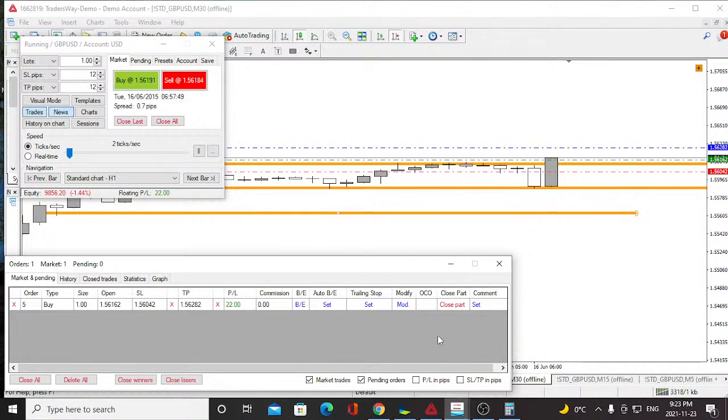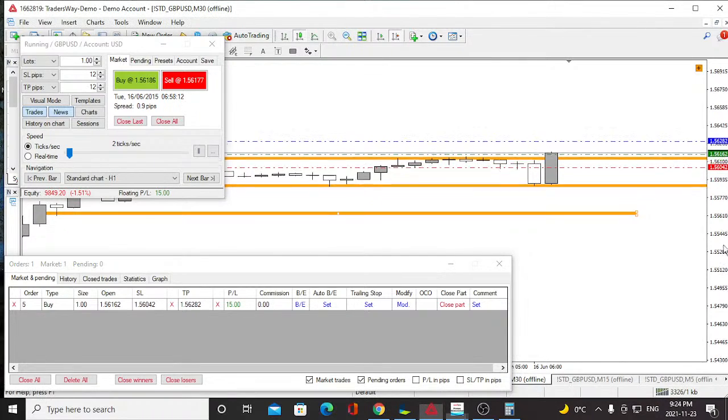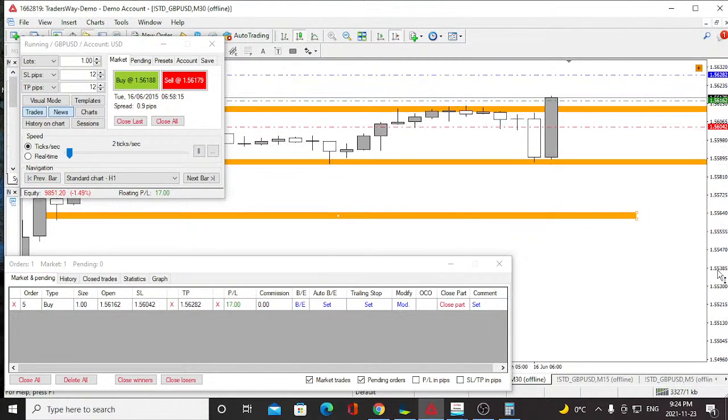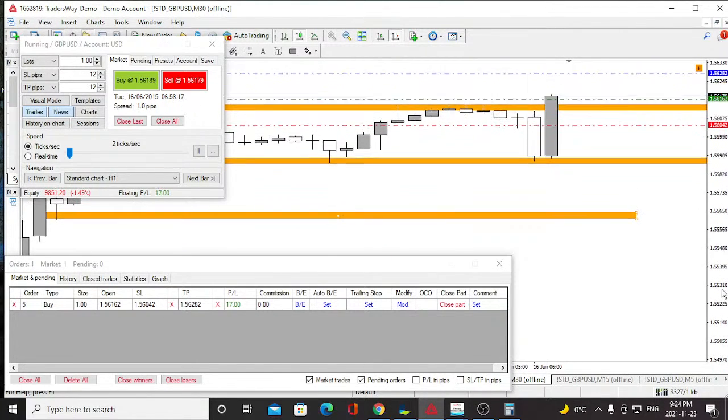All right, so we were up 2 pips, sorry. Groovy. If price looks towards, okay, we're zoomed in all the way to the max actually. That's what it's saying.